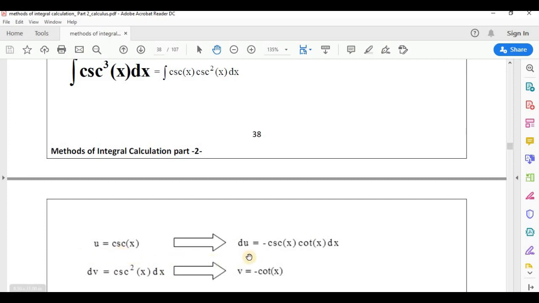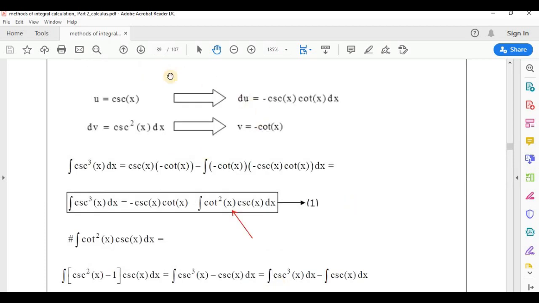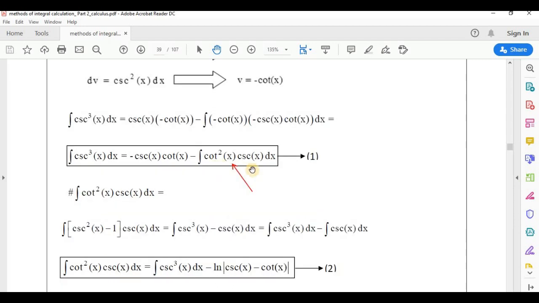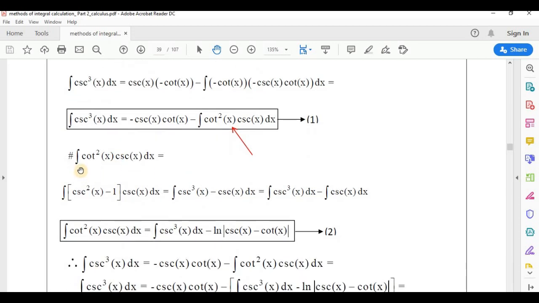Taking the derivative of this part, we'll get du equals minus cosec x multiplied by cotan x dx. After integrating dv, we'll get minus cotan x. Then we will substitute all these values in the formula for integration by parts, and after simplification, we will get this result, and we will call it equation number 1. Notice here we have a remaining integral, so we will try to solve it: the integral of cotan squared x multiplied by cosec x dx.